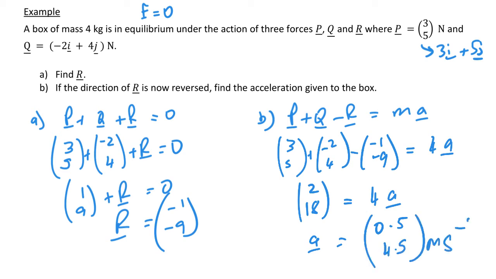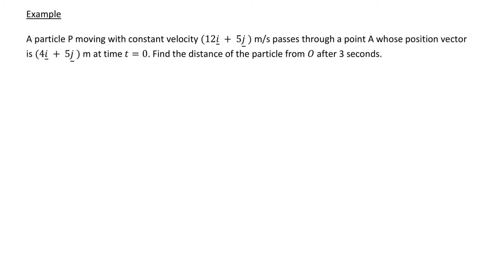meters per second squared. Example: a particle P moves with constant velocity 12i plus 5j. Constant velocity means that the acceleration is 0. And it passes through a point A whose position vector is 4i plus 5j meters. So that's our displacement. Find the distance of the particle from O after 3 seconds.